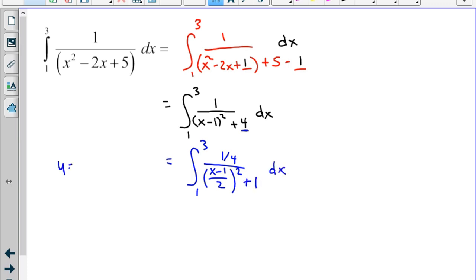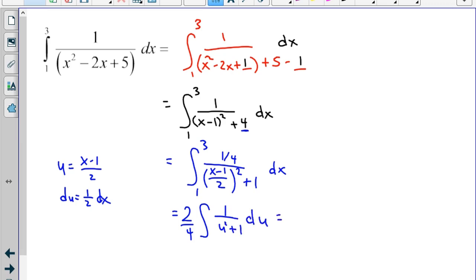So now I'm going to make a u substitution on my arctangent integral here. So I have du equals 1/2 dx, which means dx equals 2 du. So I'm going to have 2 times the integral. Oh, sorry, I forgot that there was a 4 over there. So it's 2/4, which will end up being 1/2, times the integral of 1 over u squared plus 1 du.